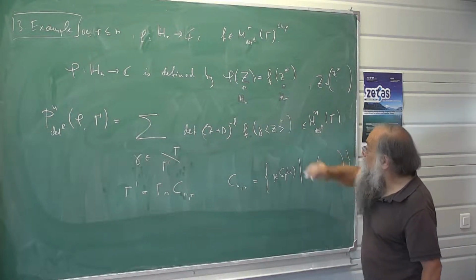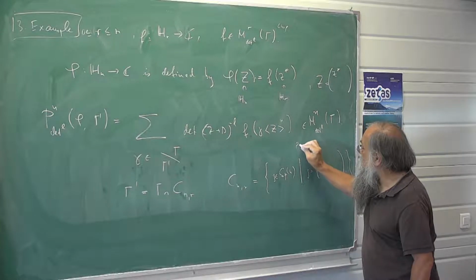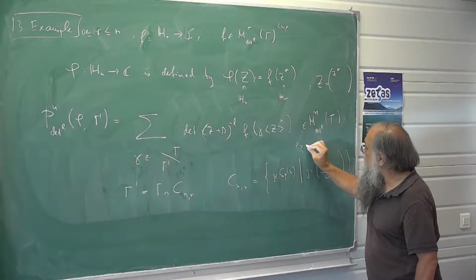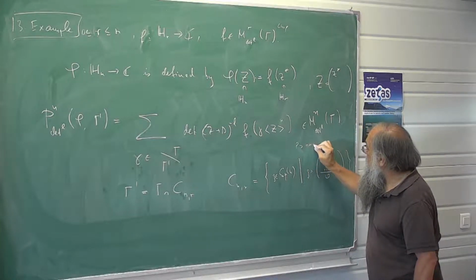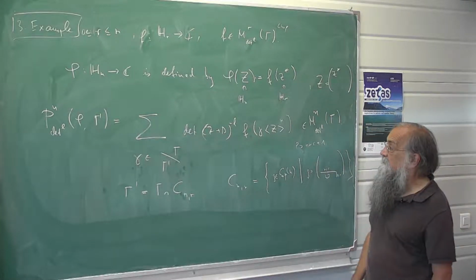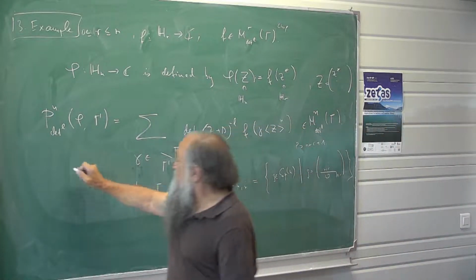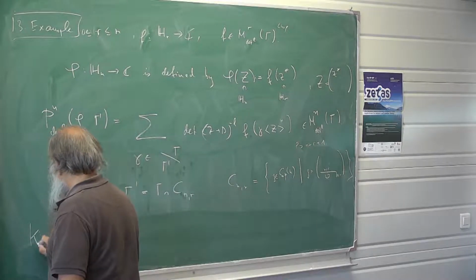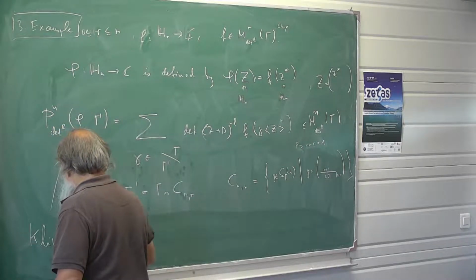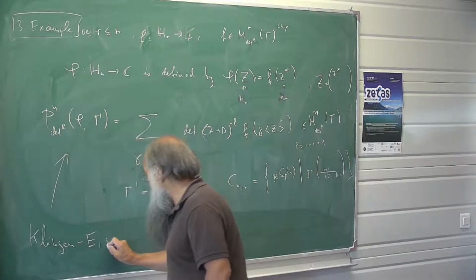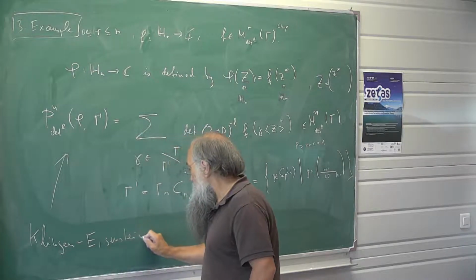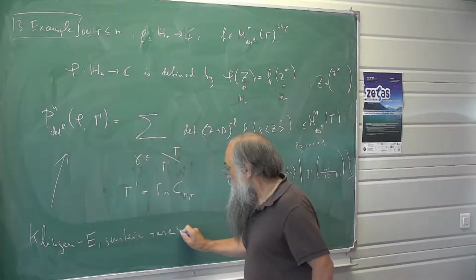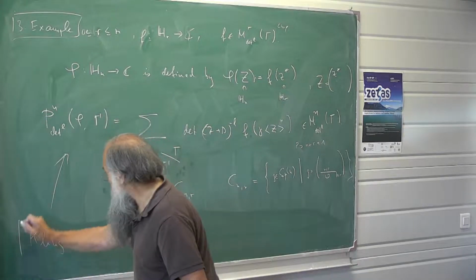This is clear up to convergence, and the convergence condition is L bigger than n plus r plus 1, and this runs under the name Klingen-Eisenstein series.